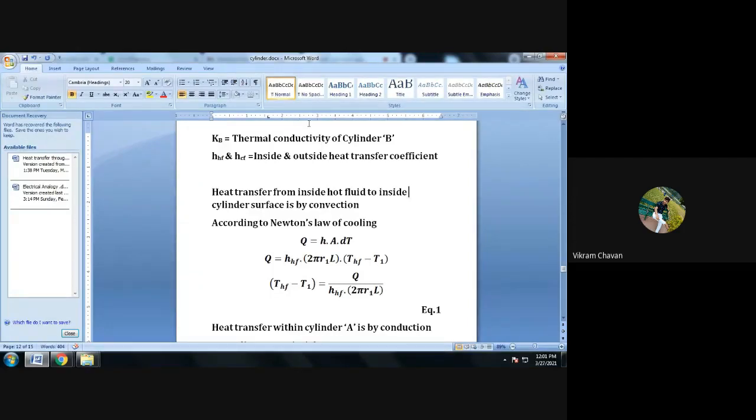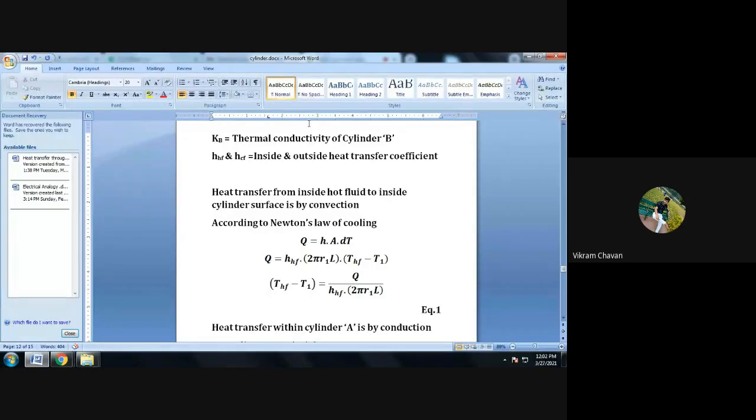That particular mode of heat transfer is the convection heat transfer mode.